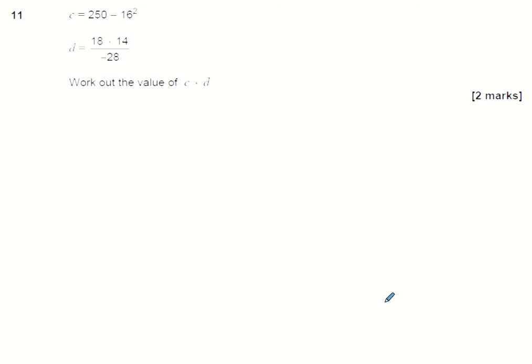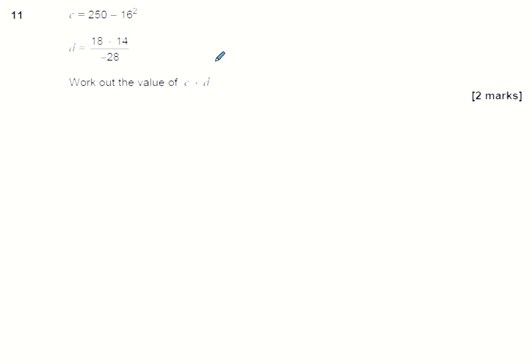Question 11. C is equal to 250 minus 16 squared. D is equal to 18 times 14 divided by minus 28. Work out the value of C times D. Now, with this being a calculator paper, you could have typed in these numbers to the calculator and write down the results.